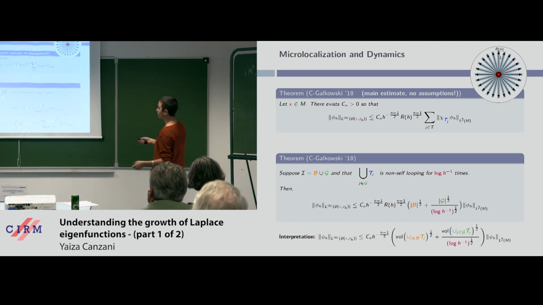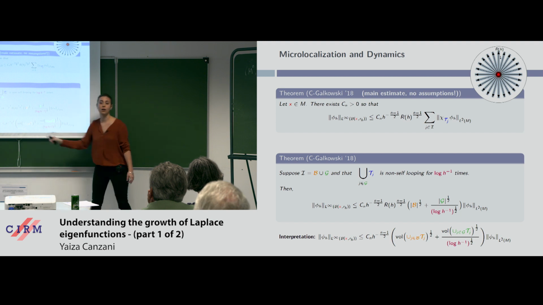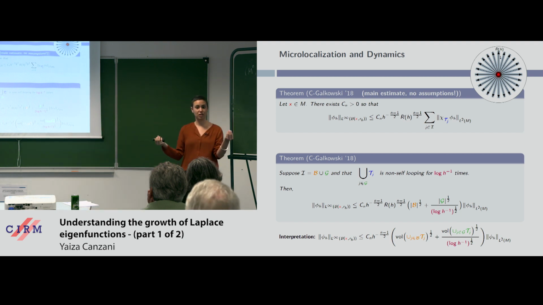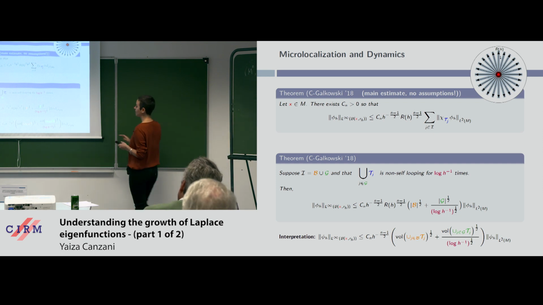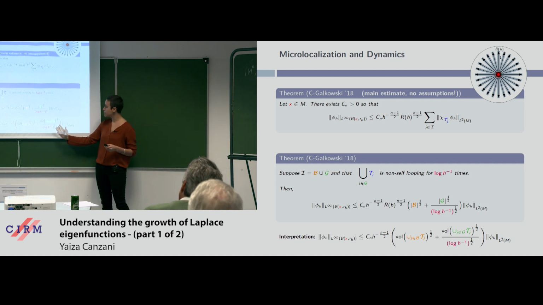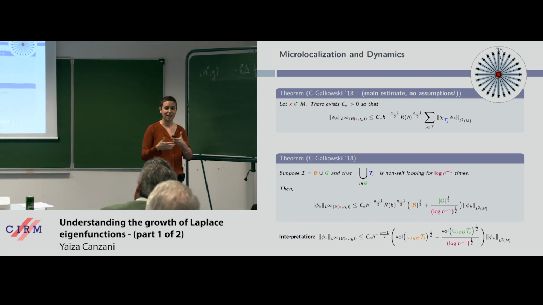Then what happens is that when you put these two terms together, the radius times the number of bad directions, you just get the volume of the set of bad directions that are looping back to the point, plus, and then you have this logarithmic improvement on the set of good directions, which hopefully are most of them.